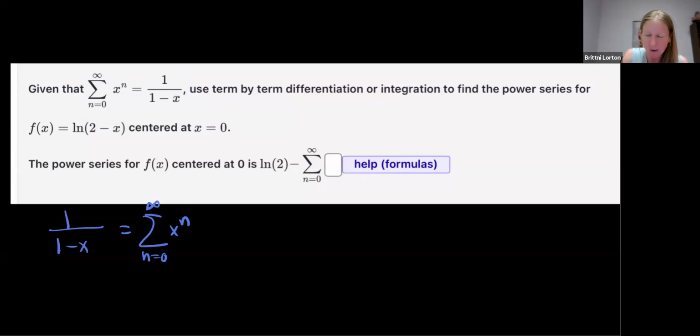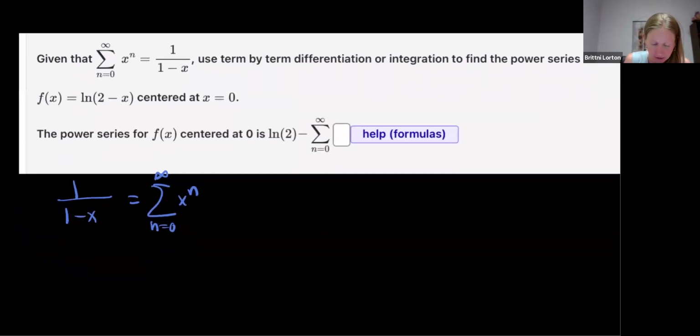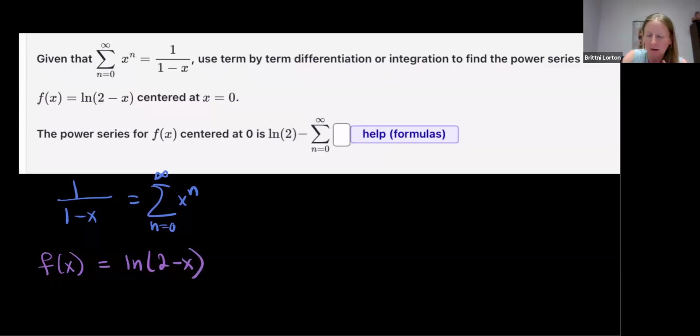And I want to try to see if I can find a way to get this to look like the function in question. So f of x is equal to ln of 2 minus x is my function. I want to try to take this function and somehow or another get it to look like something that I know, which is the geometric power series.